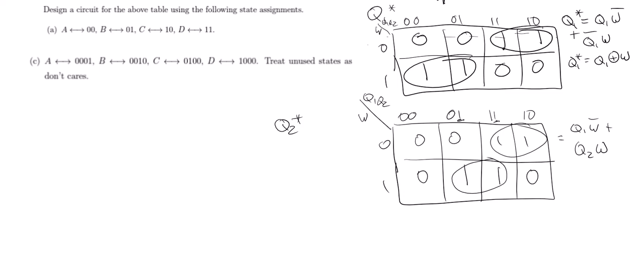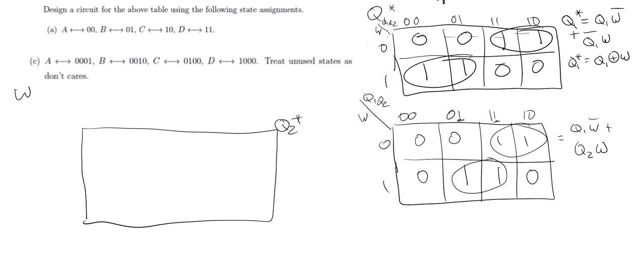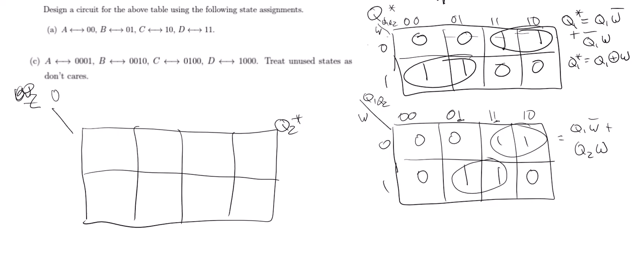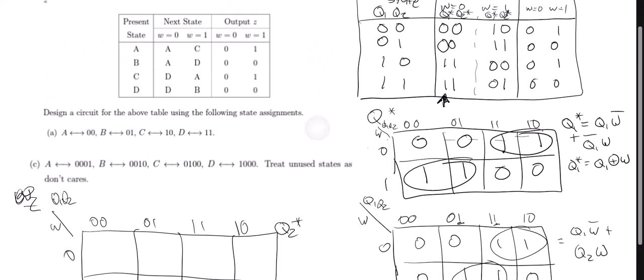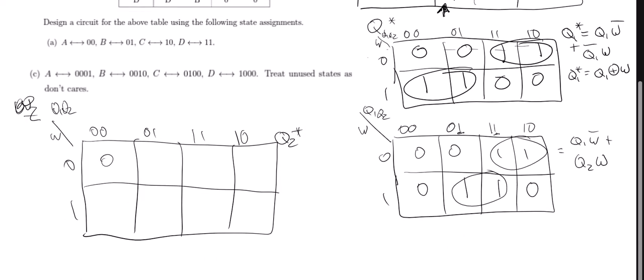Alright, now we need to do our output. So this is our output Z. So Q1, Q2, and W: 0, 0, 0, 1, 1, 1, 1, 0, and 0, and 1. And when W is 0, our output was always 0.